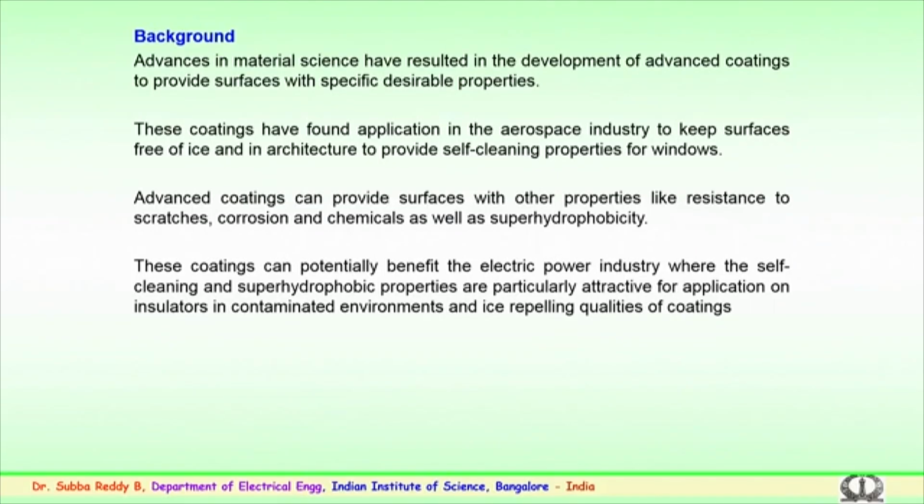So, these coatings can potentially benefit the electrical power industry, where self-cleaning or super hydrophobic property materials or coatings are particularly better for application in the case of insulators, that too for contaminated or polluted environments, and also the ice loading conditions as we discussed.